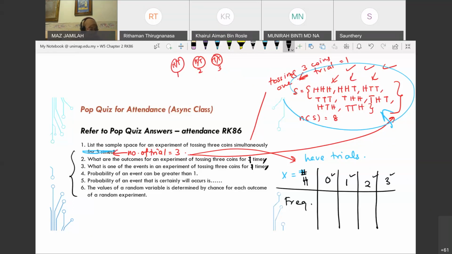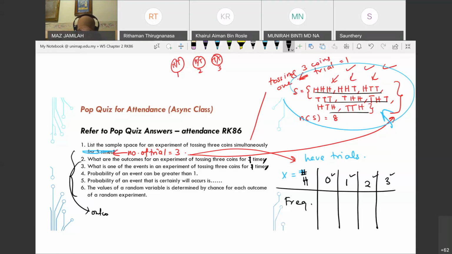If you go to your textbook, what is defined by outcome? An outcome is a possible result of an experiment. So which are your outcomes? These are all your outcomes.